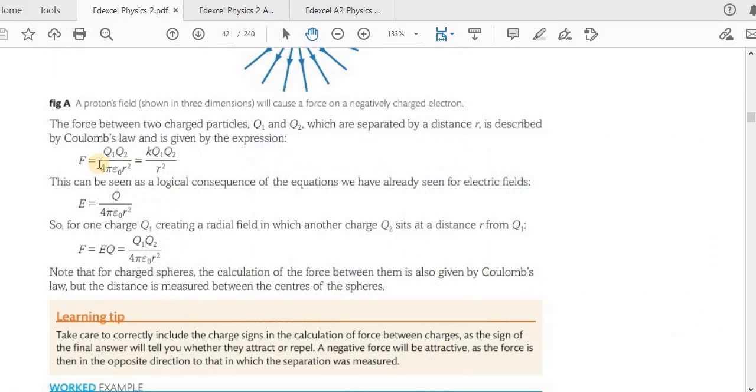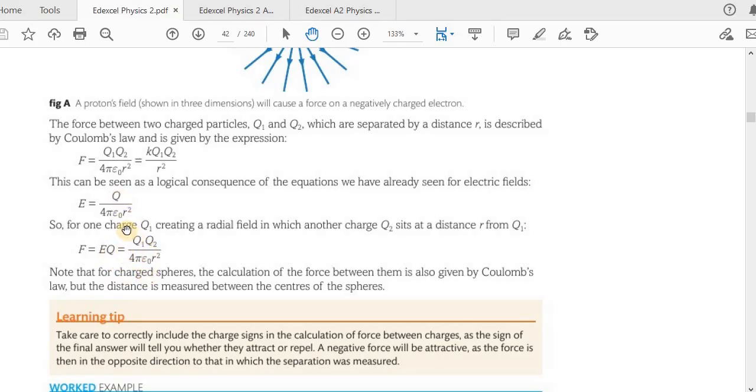And you also saw the derivation of this Coulomb's law equation. You have learned the electric field due to a point charge is this, and then you substitute in the equation you first learned when you learned about electric fields, E equals F over Q, and for E you substitute this and you get the other one.